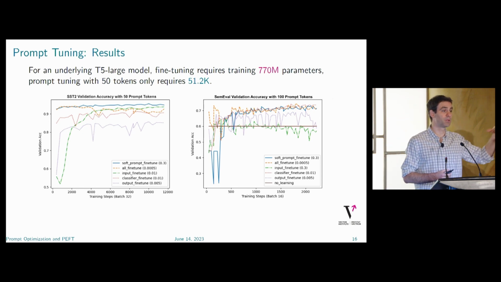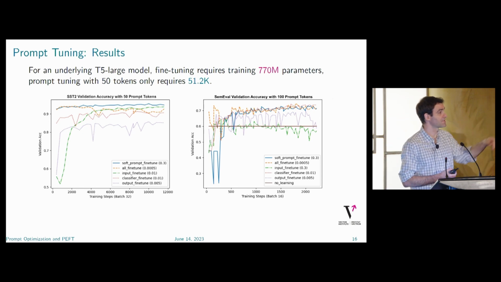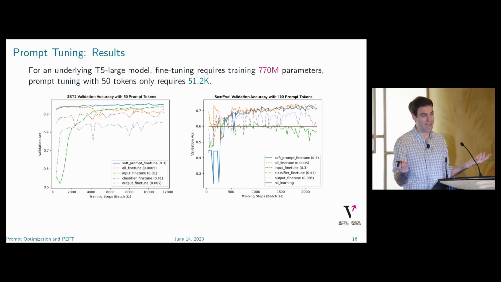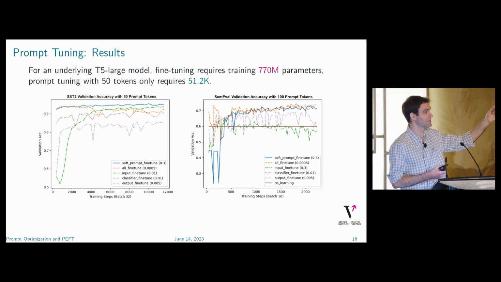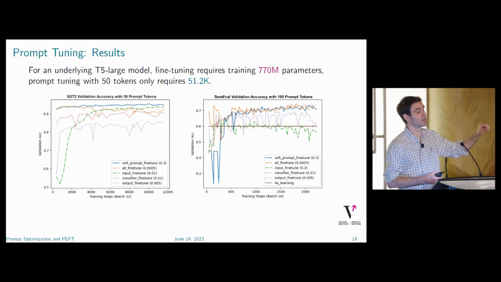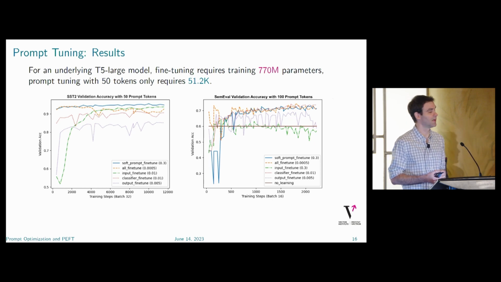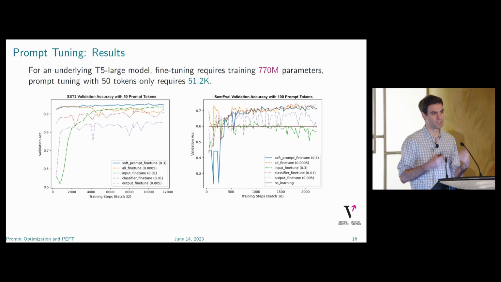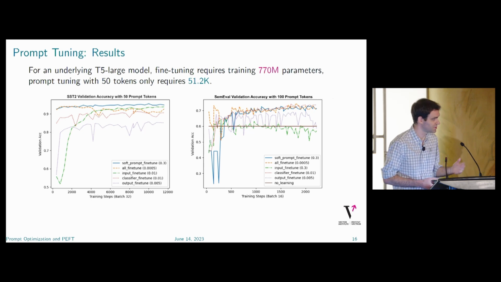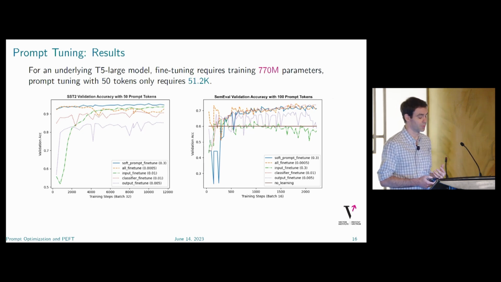And you can see that that blue line is very competitive. In the case of SST2, it actually surpasses model fine-tuning, even for T5 large, which isn't a massive model, but it is a fairly large one. And you can see the reduction in parameters that you have to tune, 770 million versus 50,000 if you use 50 tokens, which is a huge speed up in terms of efficiency, especially to get competitive performance.